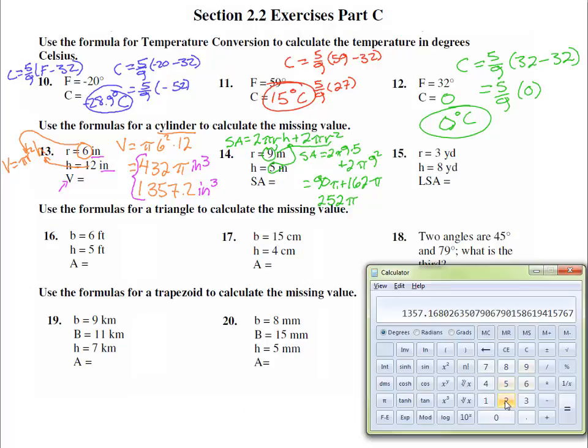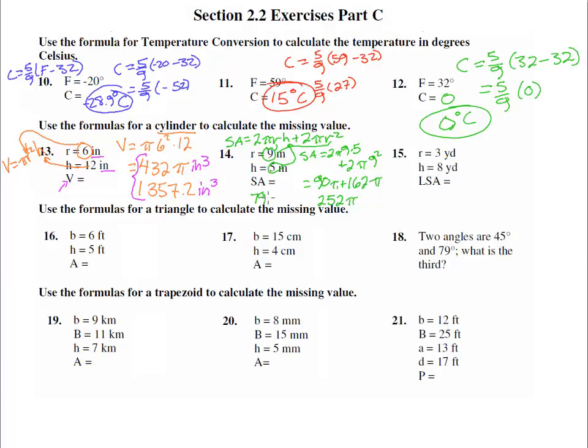Now let's plug that in and get a decimal out of that. Make sure we know what it is. 252 times pi equals 791.68. So you can have either of those answers, but in either case you need to make sure that the units that you're using, notice we were given meters for these lengths.